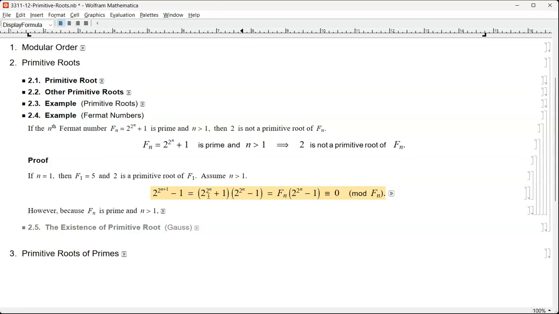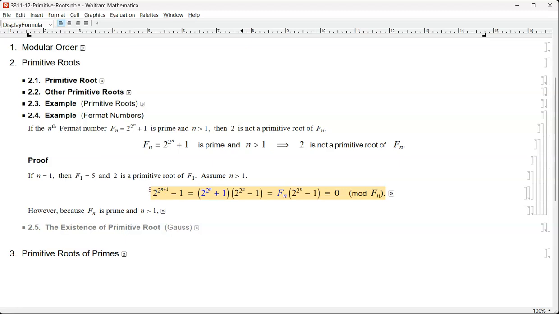And then 2 to the 2 to the n power plus 1, this one here is the Fermat number. And this one is an integer, so it's a Fermat number times an integer. So this is congruent to 0 modulo Fn. Make sense? And consequently, this thing is congruent to 1 mod Fn.